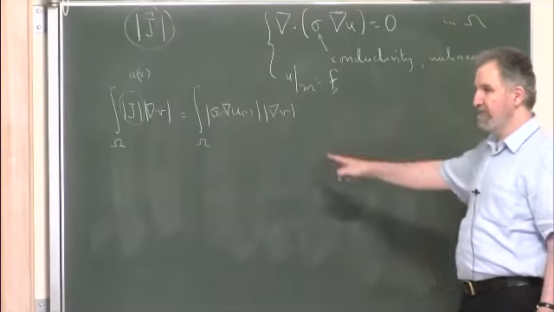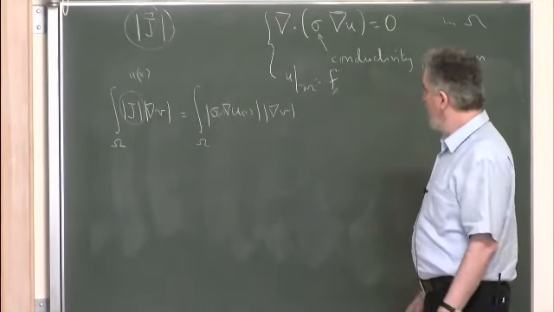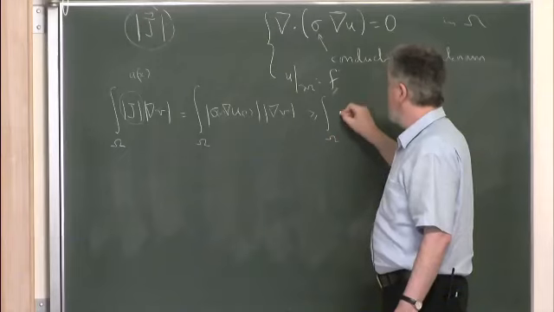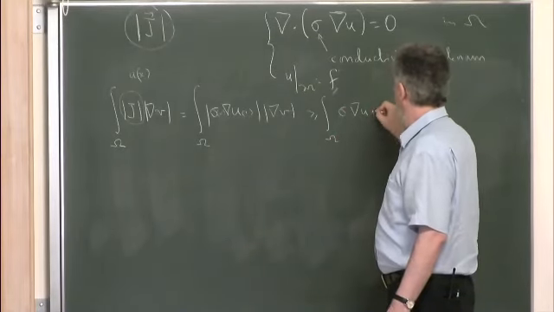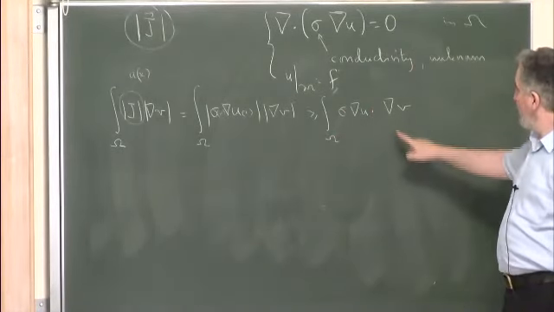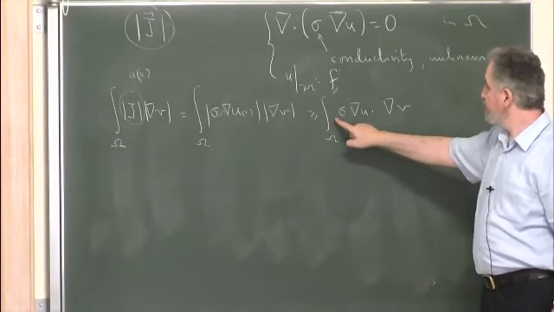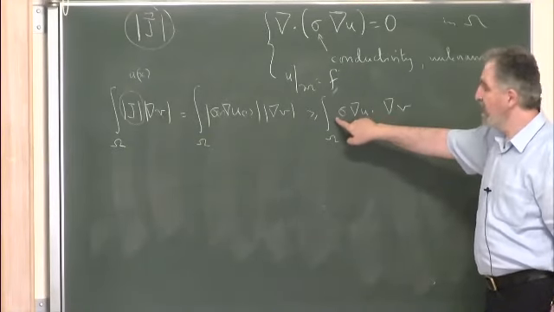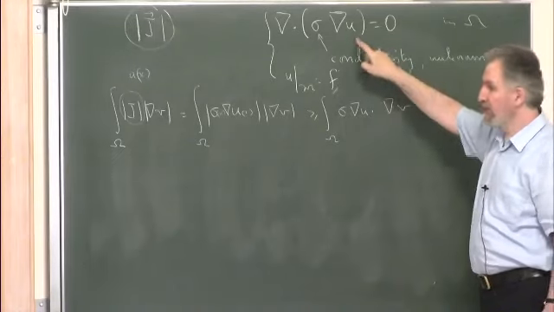Can you see, Slava? Okay. So here I'm going to use Cauchy-Schwarz. This is bigger than sigma grad U dot grad V. Now I'm going to integrate by parts. If I put the divergence operator on sigma grad U, I'm going to get 0.